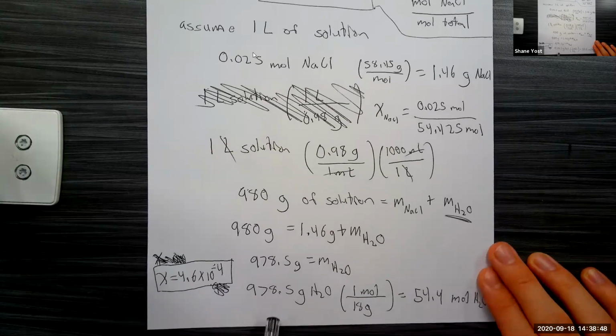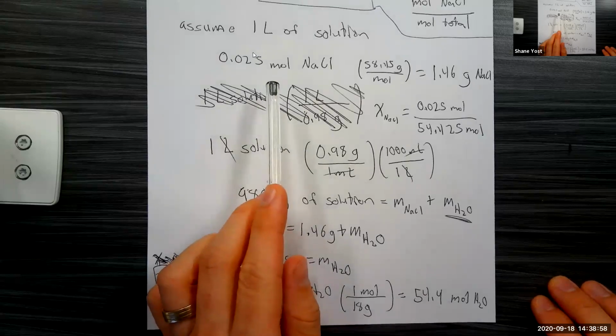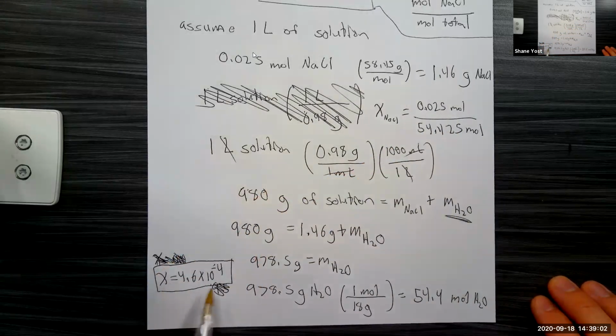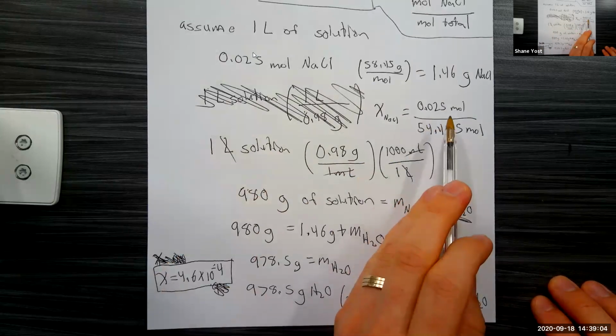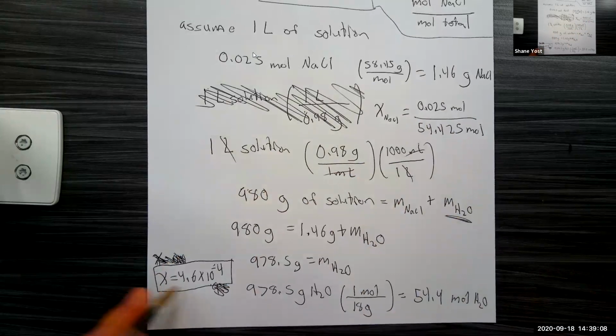And then using the mass of water, I can use its molar mass to get its moles. Now I finally have the moles of water. I can add that to the moles of sodium chloride, get the total moles, and put it in the denominator of my mole fraction, which was 0.025 moles over 54.425 moles, which gave us this mole fraction of 4.6 times 10 to the minus 4.